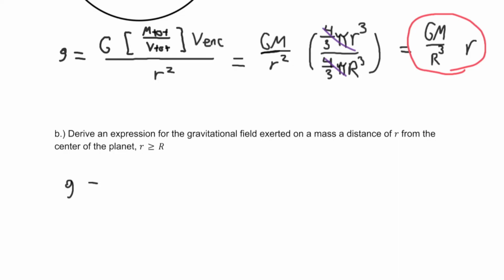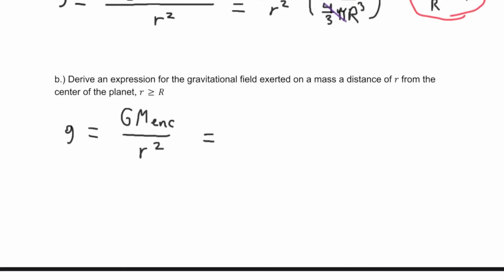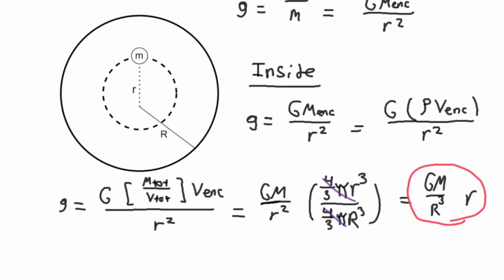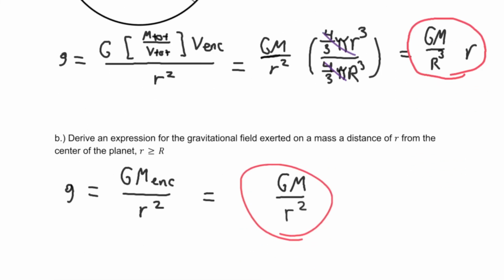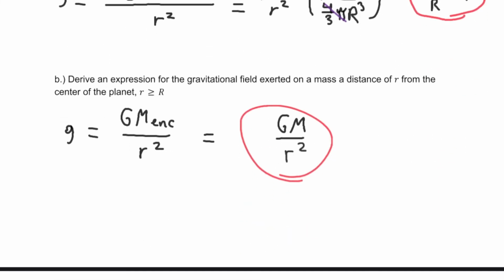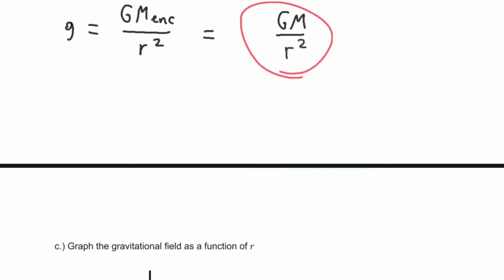Because outside the planet, you're never going to gain more mass, so it's just GM divided by r squared. And notice that is our typical value of g that we saw before. It just falls off like the inverse square law. So g actually increases as you move from inside the planet to the edge, because you're enclosing more and more mass. But then after, you stop enclosing more mass, so it just falls off like the inverse square law.